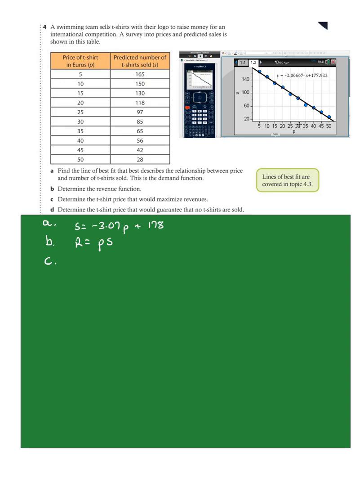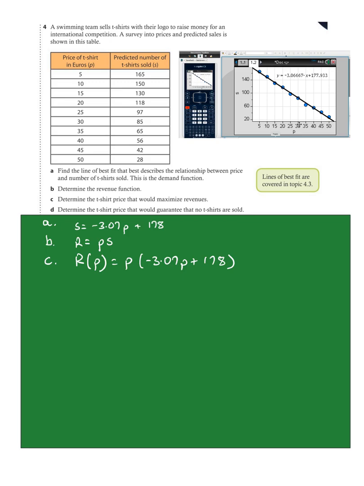So now we're going to substitute this S here into this equation. All right. But revenue in terms of P equals P times minus 3.07 P plus 178.